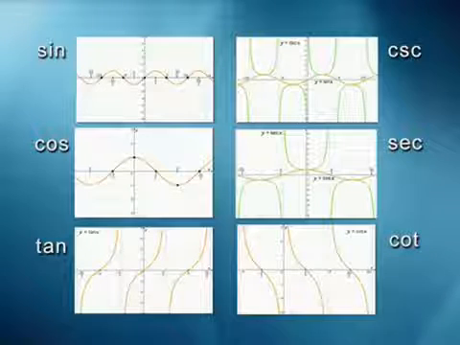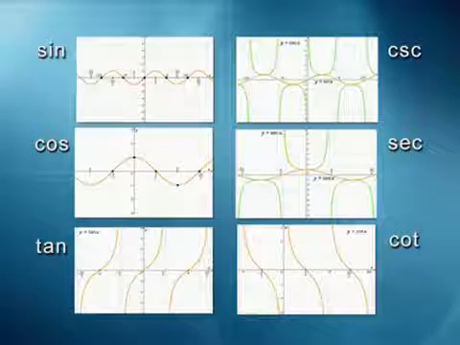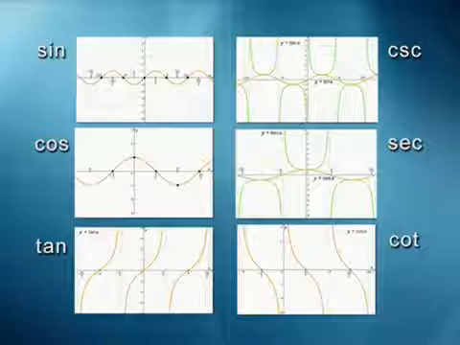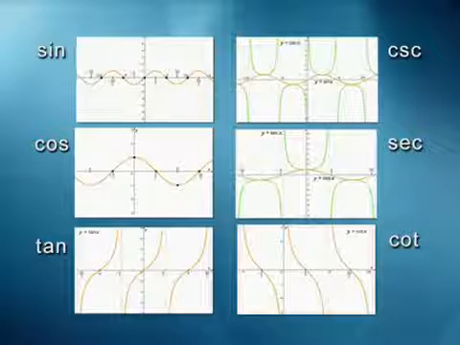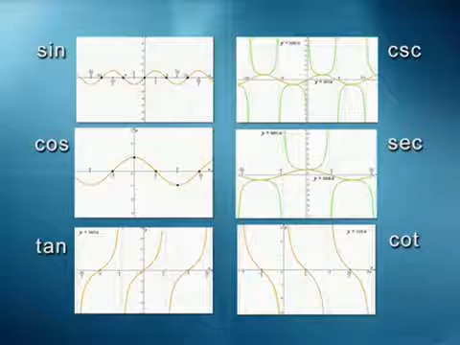Horizontal lines can hit the graph of, say, the tangent function or the sine function more than once. In fact, infinitely often. So what do we do? How do we define these inverse trigonometric functions? Well, the key is to restrict the domain of the corresponding trigonometric function to a little piece of the graph. And on that piece, the function will be one-to-one.